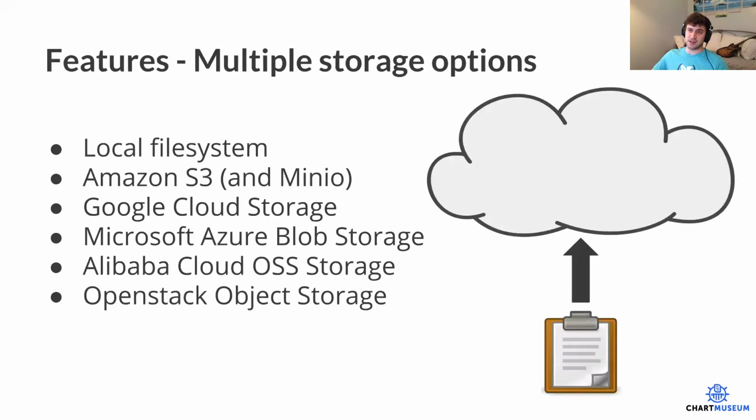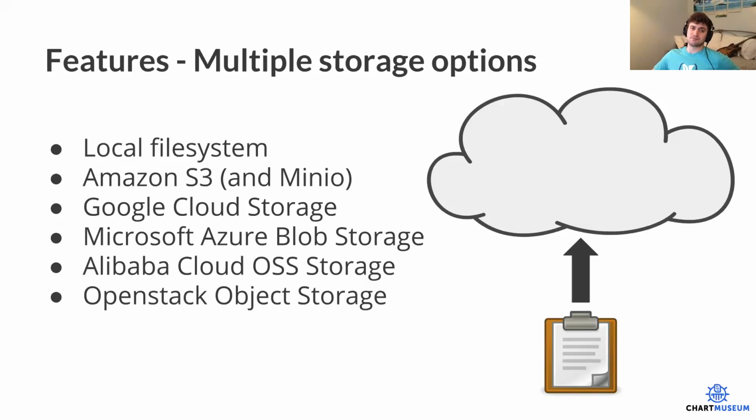But that's pretty much it. It manages that index and makes sure that what the clients are asking for is what they're getting. On top of that, it also has a common interface for storage. We've had a lot of pull requests come in to add new storage types. So it started off with just Amazon and Google, and since then, we've gotten Azure and Alibaba and also OpenStack as of last week.